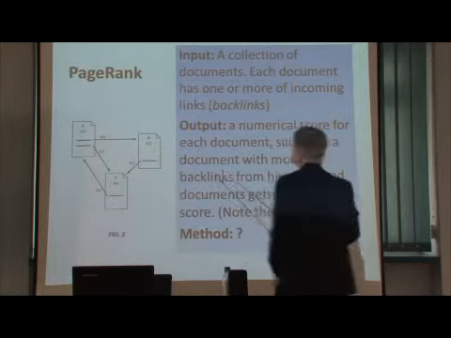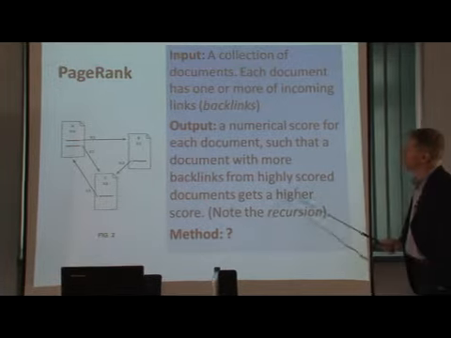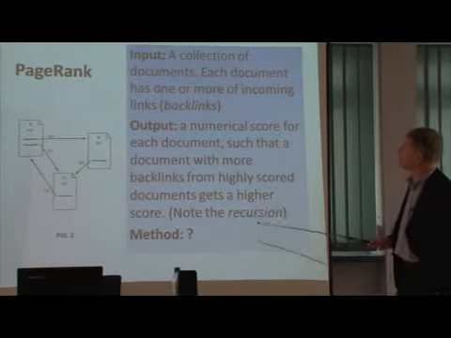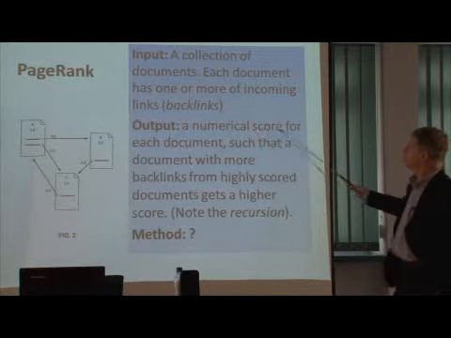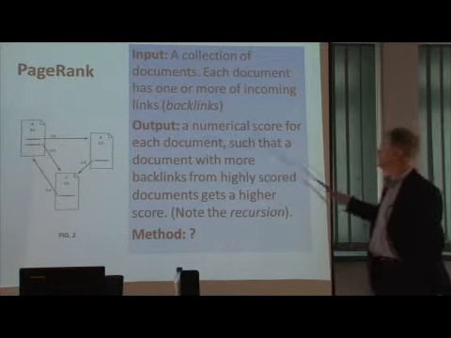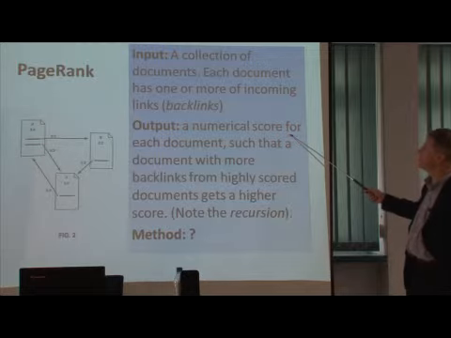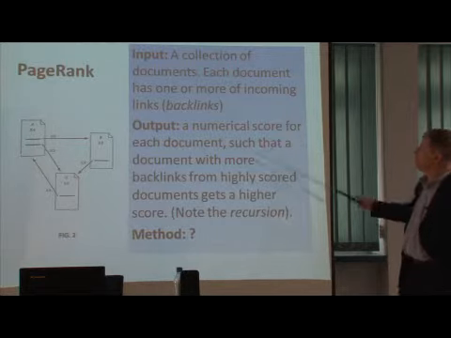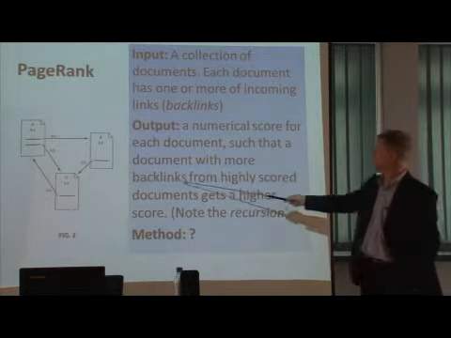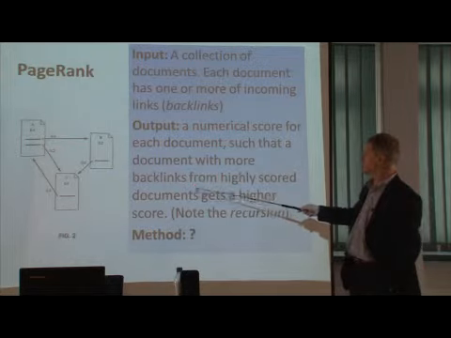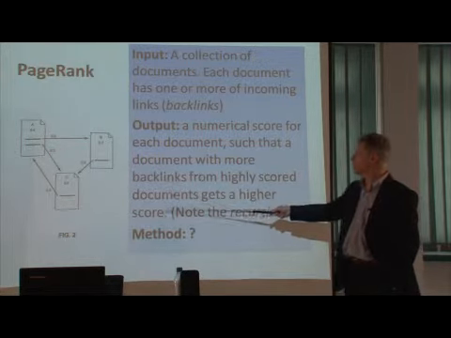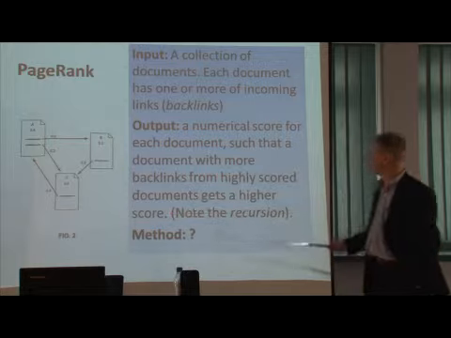So what is the key phrase here? Numerical score, that would be like citations, all right? That hasn't changed. A document with more backlinks or citations gets a higher score, so this is still the idea of citations.